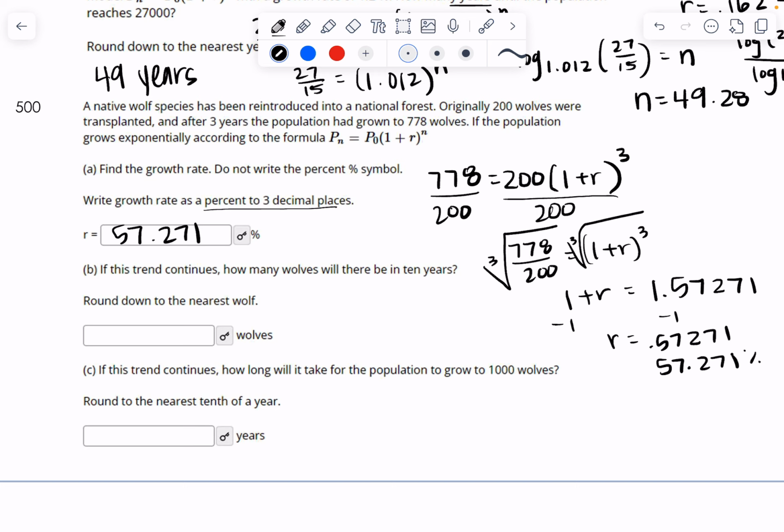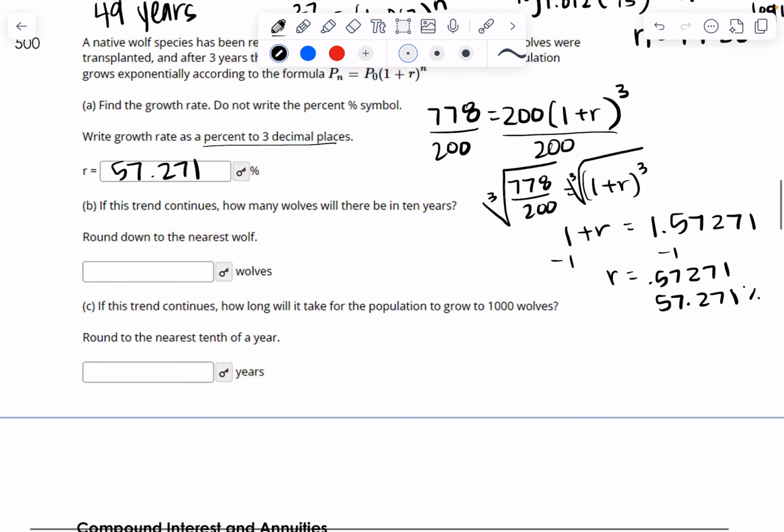And then if this trend continues, how many wolves will there be in 10 years? So instead of having it be 3 years, we'll replace that with 10. So we would have P sub 10 equals 200 times 1.57271 to the 10th. And that one you just need to plug it into your calculator.